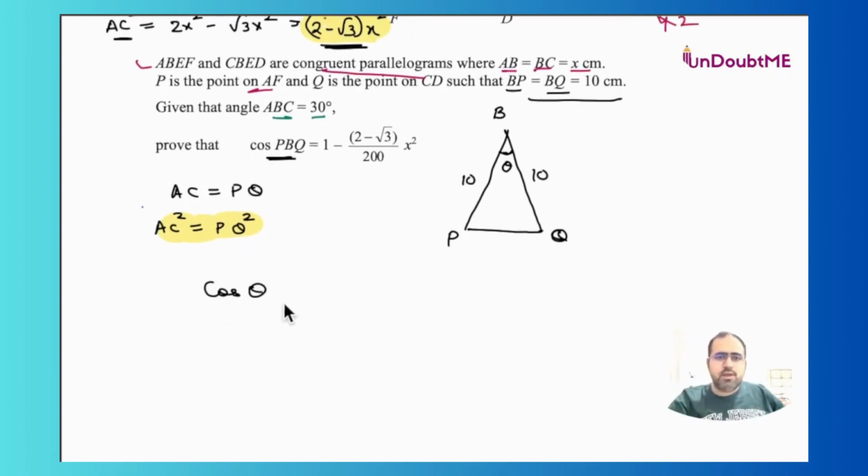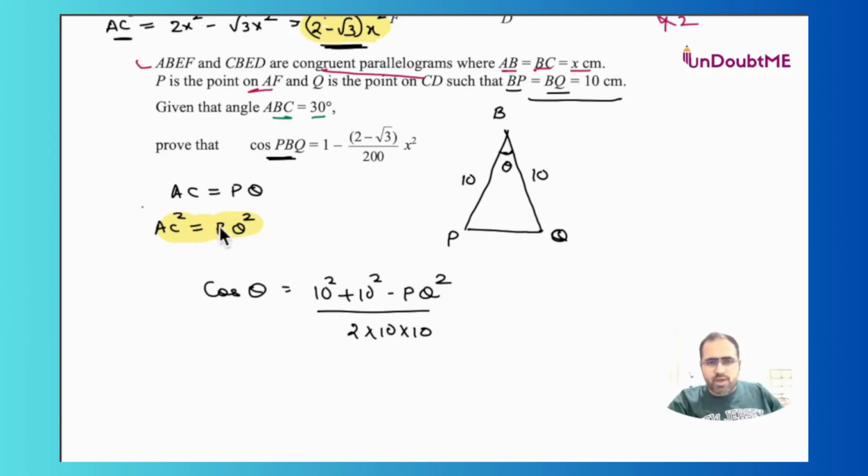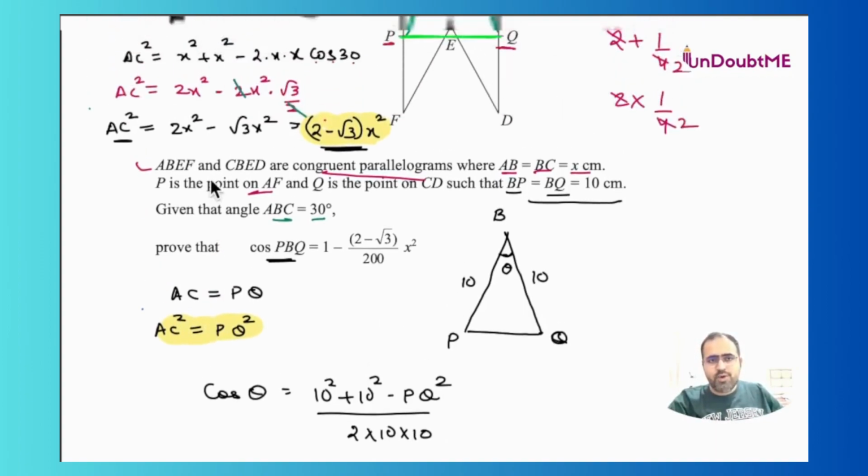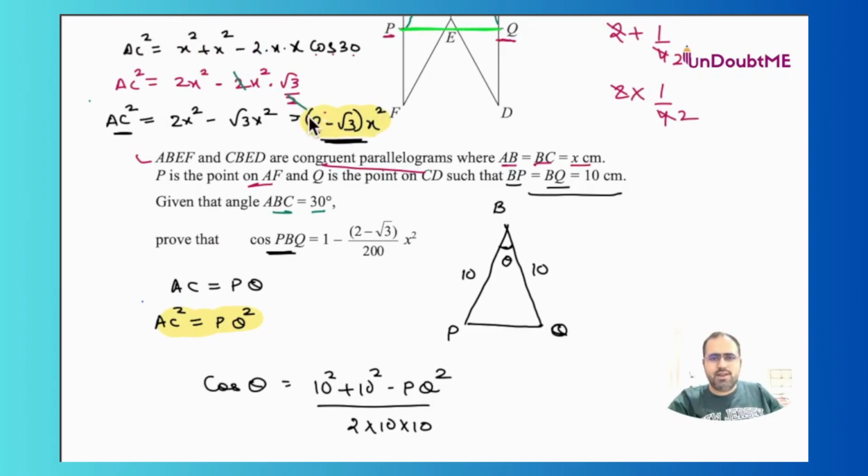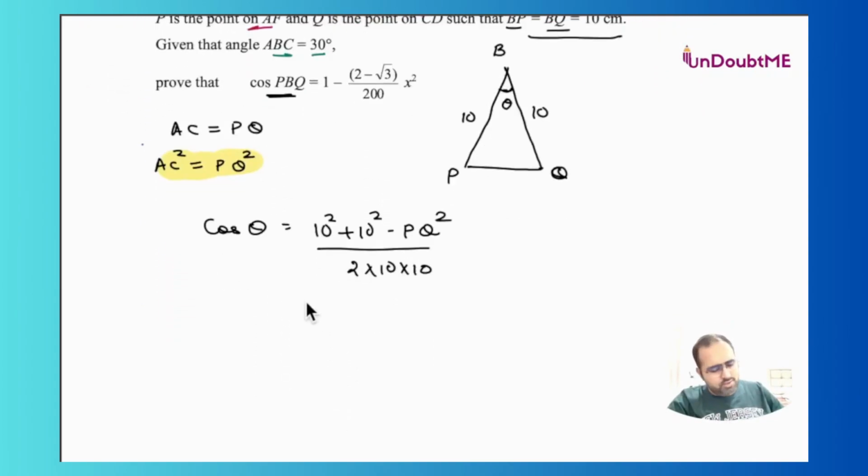So now it will be cos theta is equal to 10 square plus 10 square minus PQ square over 2 times 10 times 10. The value of PQ square, as I was saying, we may not have to do anything. We will just use this value directly in place of PQ square. So now what do I have? 100 plus 100, 200 minus PQ square.